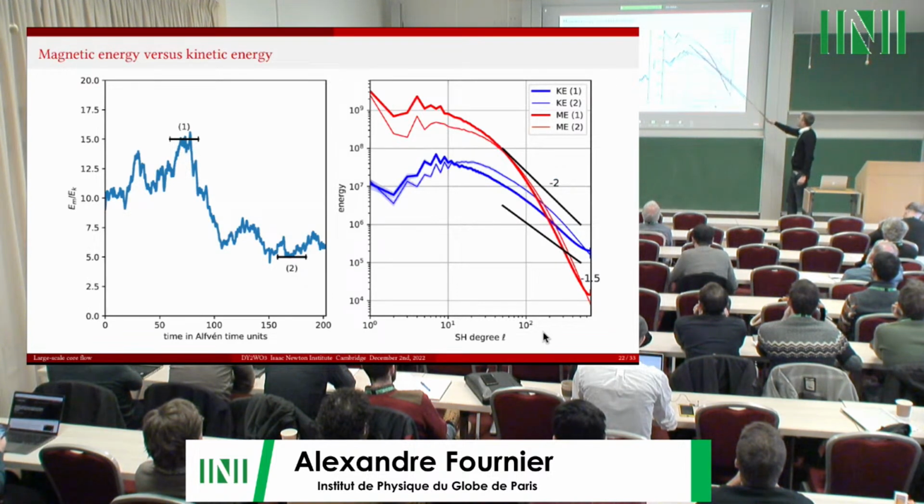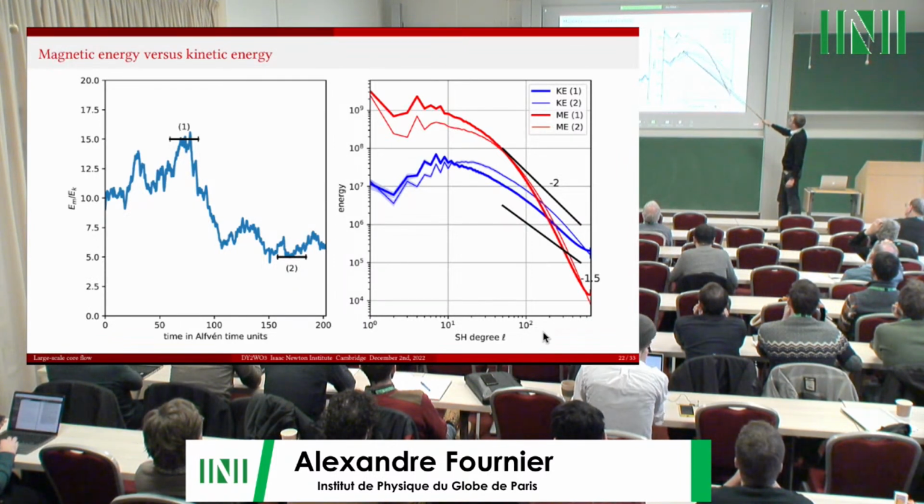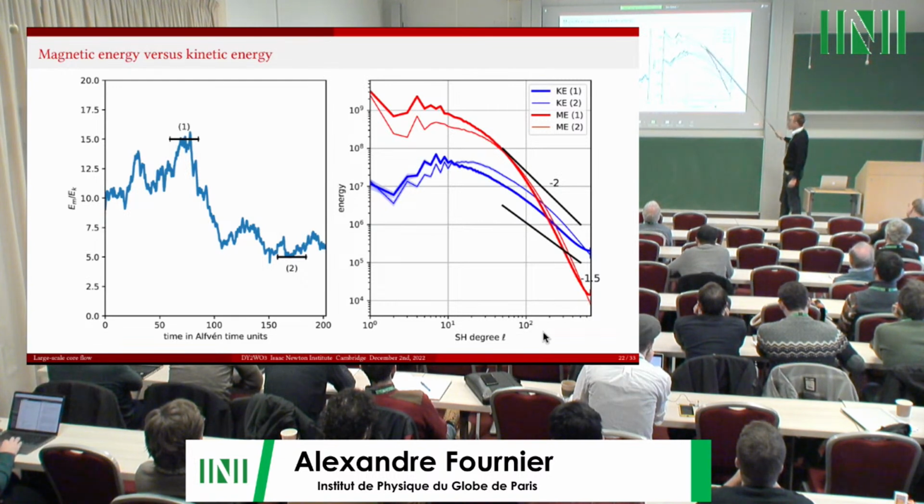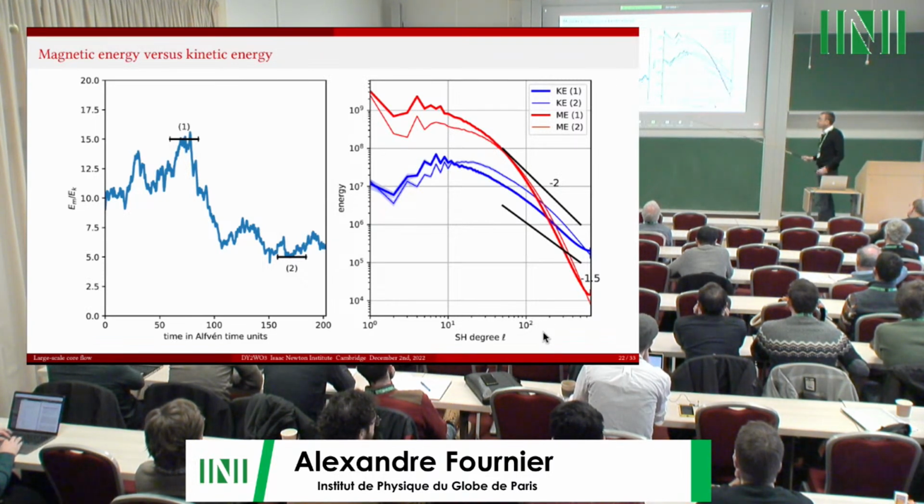When the field is strong, dipole dominated, then you see that the spectrum of energy peaks at a scale larger than the one at which it peaks around here when the field is weaker. Okay? And you also see an indication for an inertial range here with a slope of about 1.5 or so.